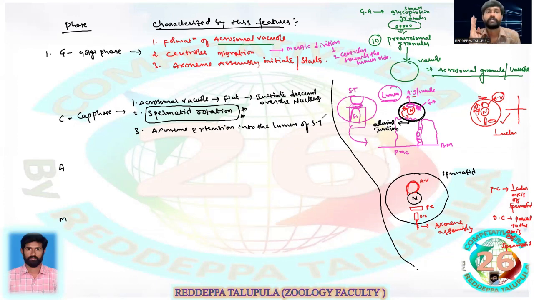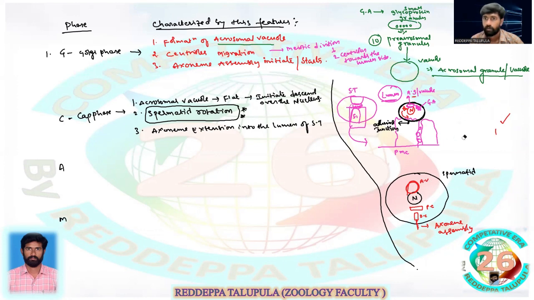See what will happen in the cap phase. The acrosomal vacuole which is present here will become flat. I will show you. The acrosomal vacuole will be present like this. It is the spermatid, and here the nucleus is present.